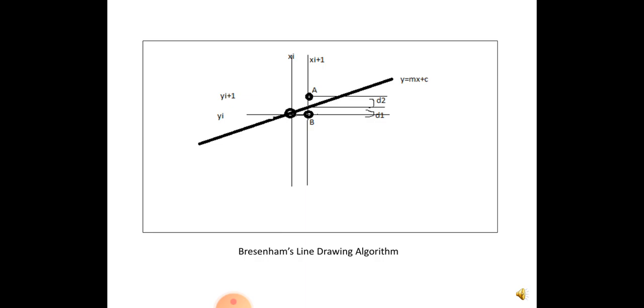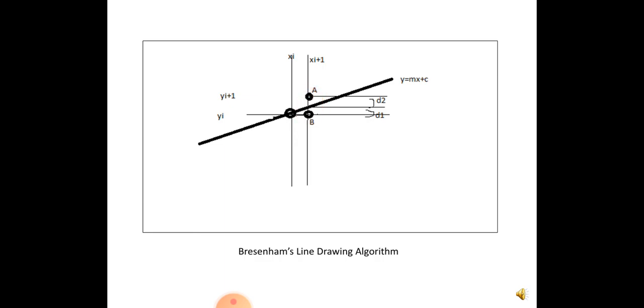The pixel which is closer to the actual line path is selected to be on the line path. Okay. So, as you can see in the diagram, distance d2 is nothing but what?